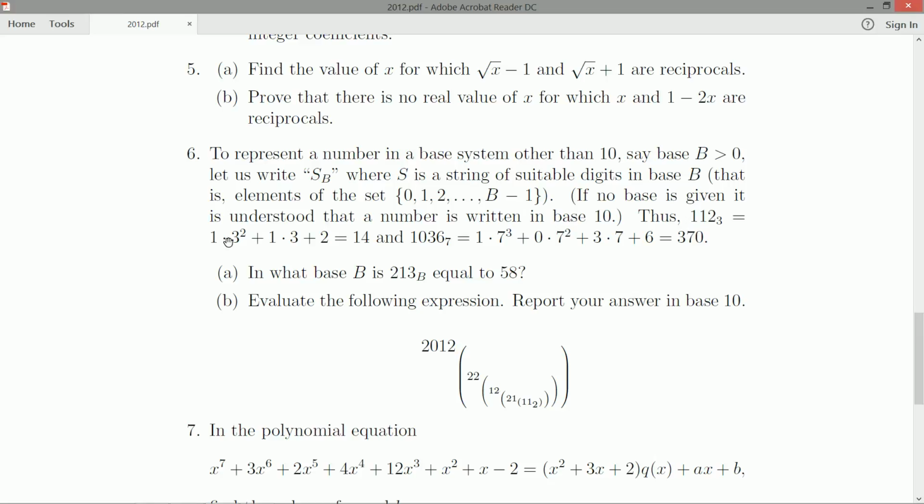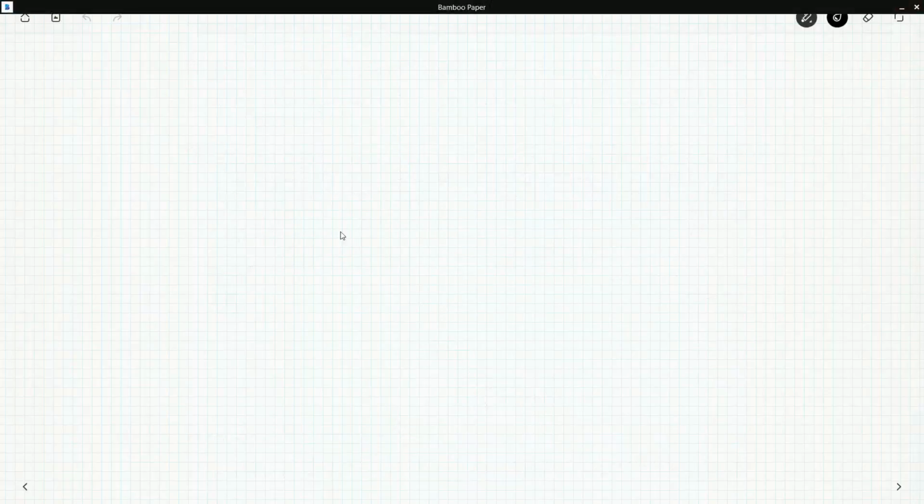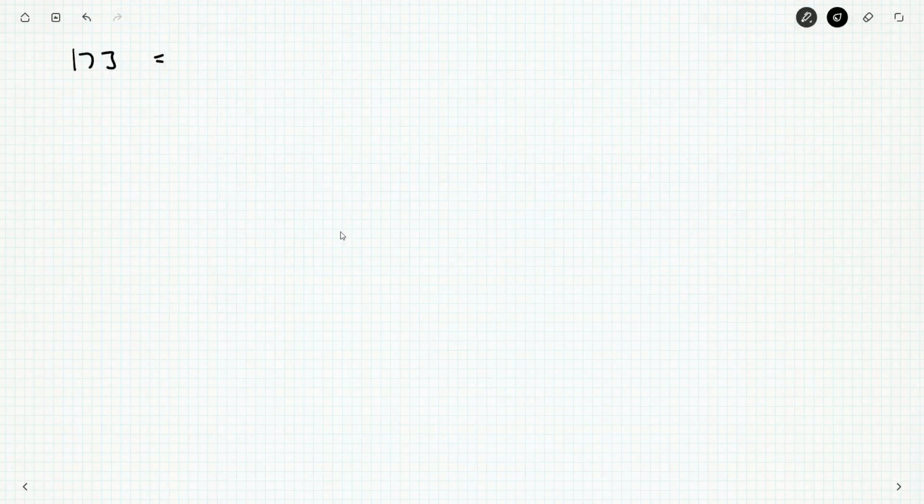It's not entirely obvious why, in their definition, it's 3 squared and then 3 and then 1. It comes from the fact that when we write any number in base 10, for example, say 173, that's really 1 times 10 squared, plus 7 times 10 to the 1, plus 3 times 10 to the 0.